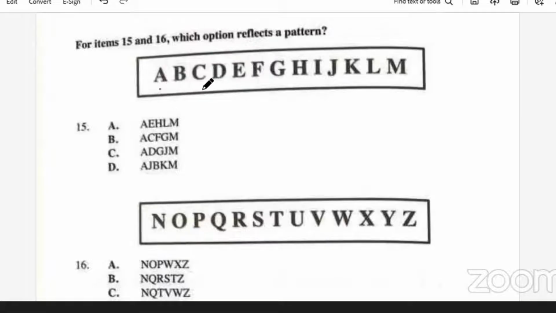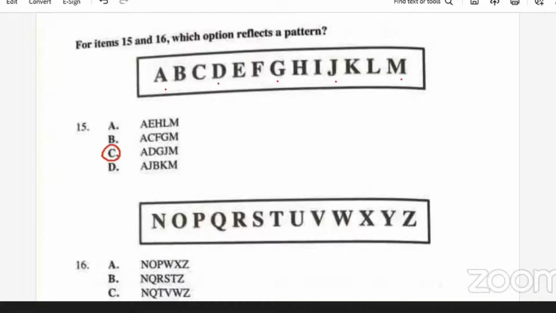We have A, C, F, G, M. Again, no pattern there. Now A, D, G, J, M. We see that they have skipped 2 each time, so we see a definite pattern there. So the correct answer would be C.